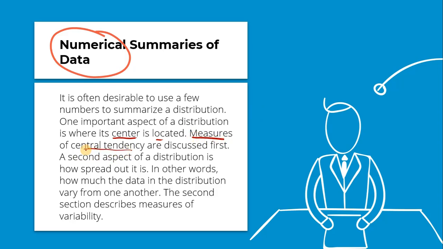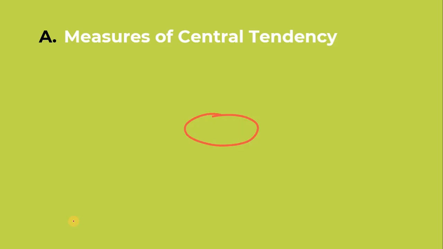Another aspect of describing your data is how much the data is spread out or distributed. In other words, these are called measures of variability.